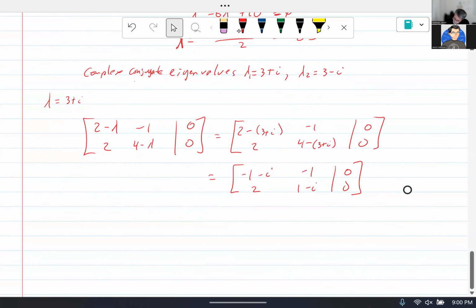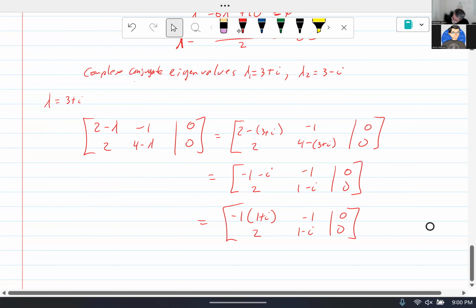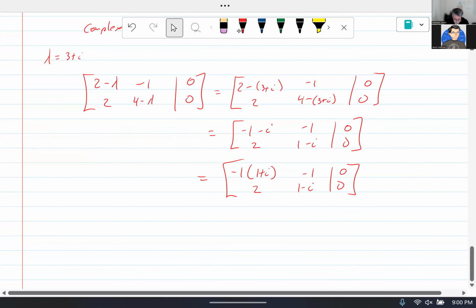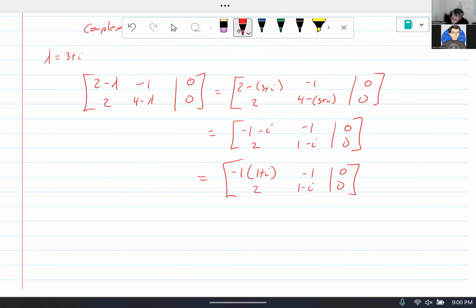So this is -1 times (1 plus i), and then a -1, and then I've got a 2 and a 1 minus i, 0, 0. So I have a 1 minus i on the bottom and a 1 plus i on the top. If I multiply by 1 minus i on the top, I could cancel this row out.